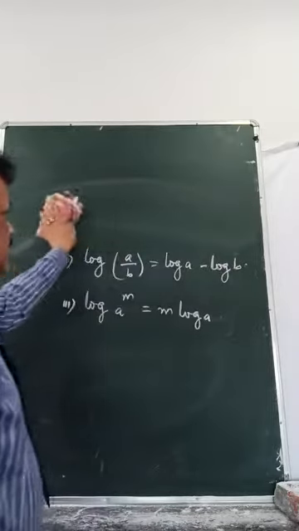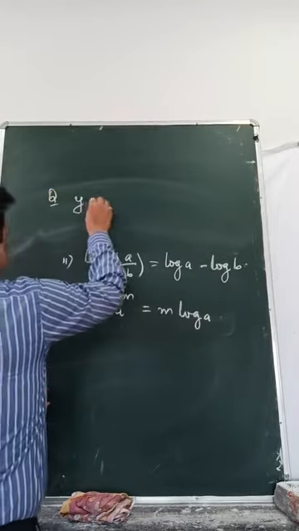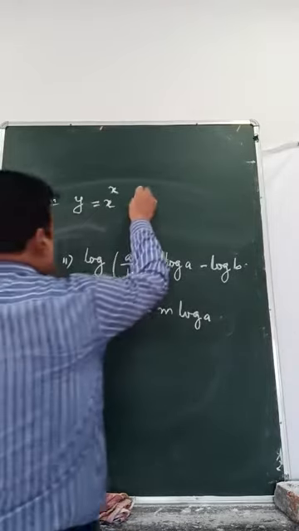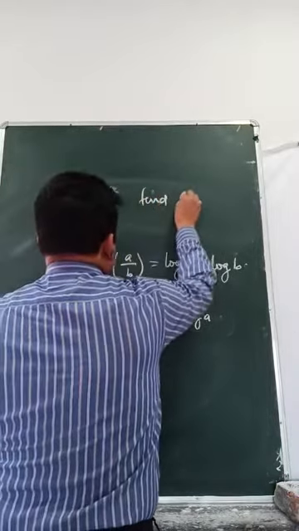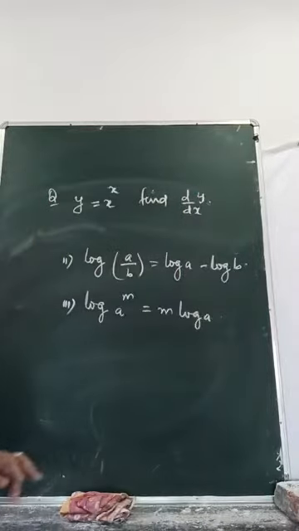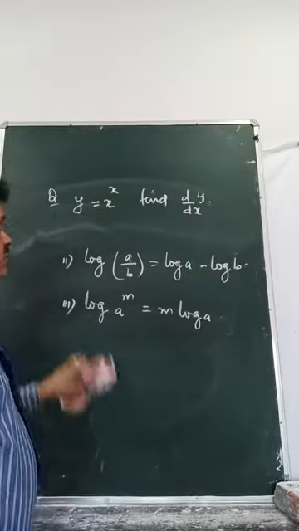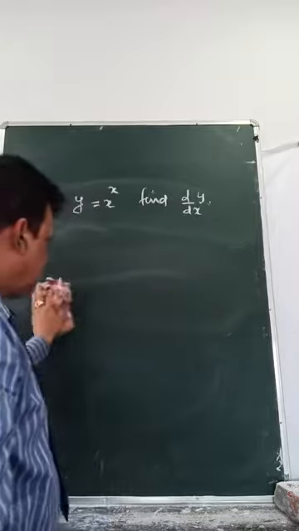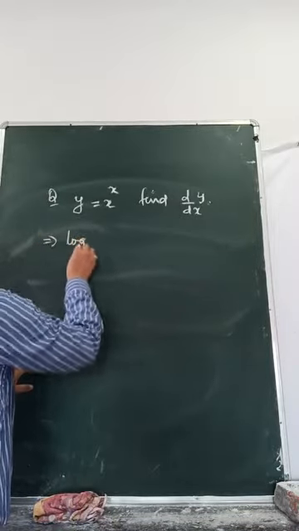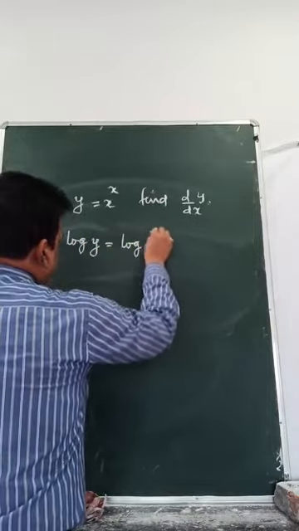Suppose you have a question: y equals x to the power x, find dy by dx. I told you the base and power both are functions, so we will take the help of log. So this implies log y is log of x to the power x.